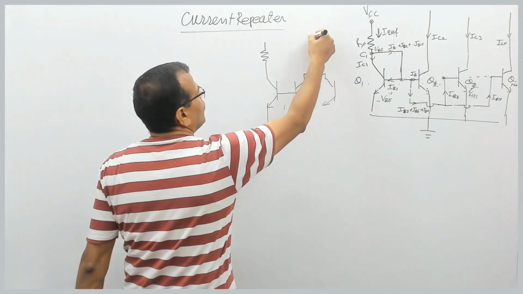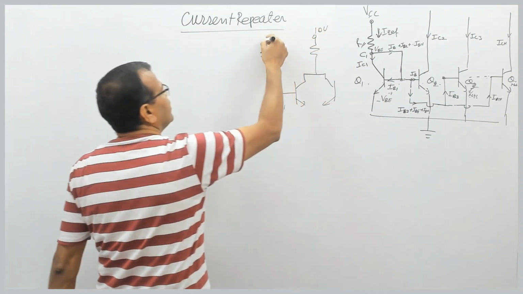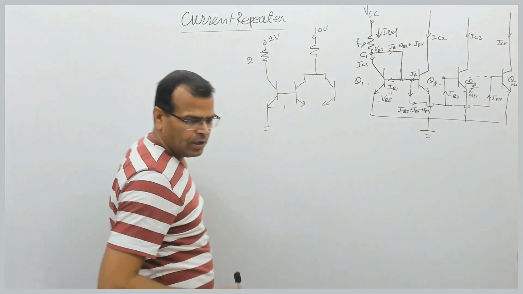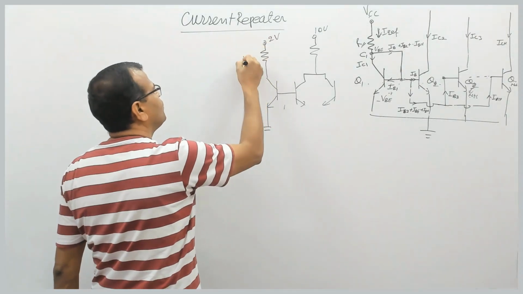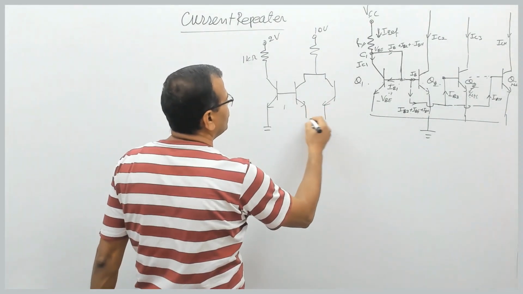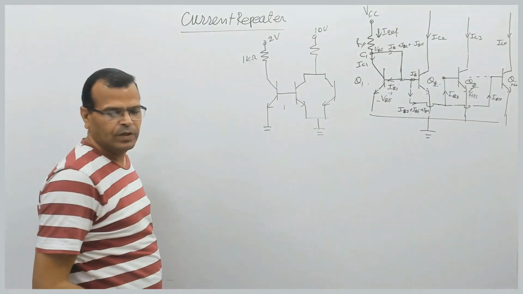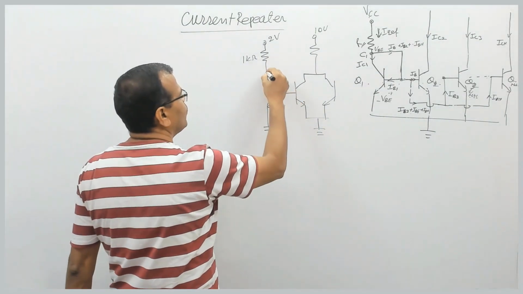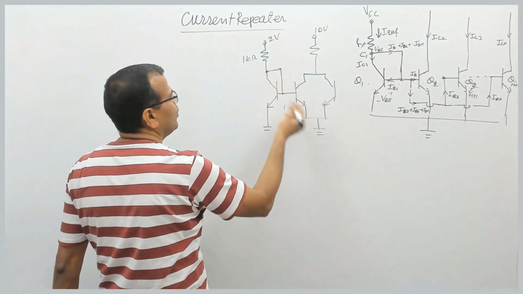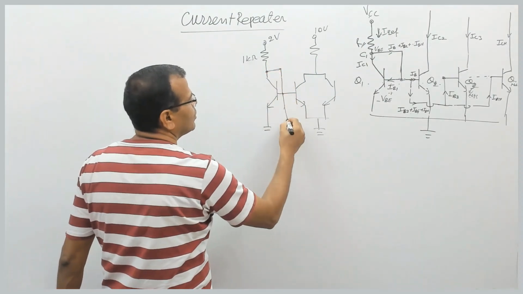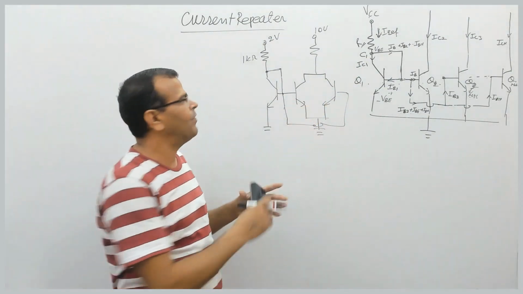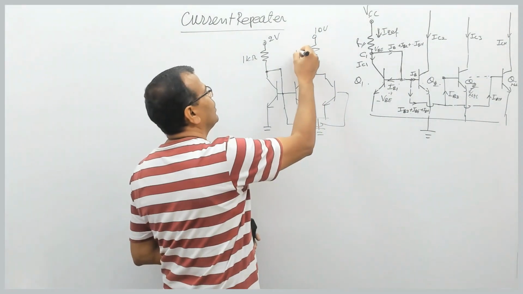There was a voltage source of 10 volt. There was a voltage source of 2 volt here. This was 1 kilo ohm. And both of these were again connected to ground. The base terminals were connected to the collector, and this was connected to base. This is just a different orientation, and this resistance was 1 kilo.